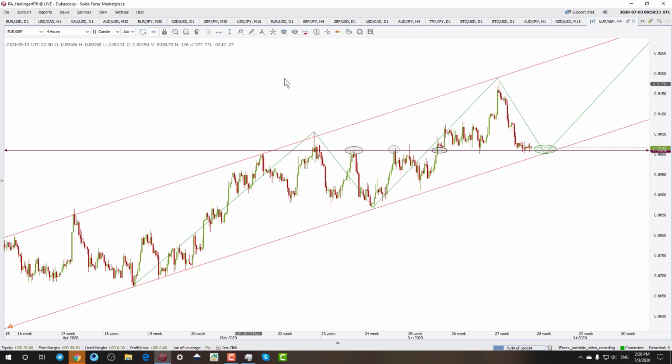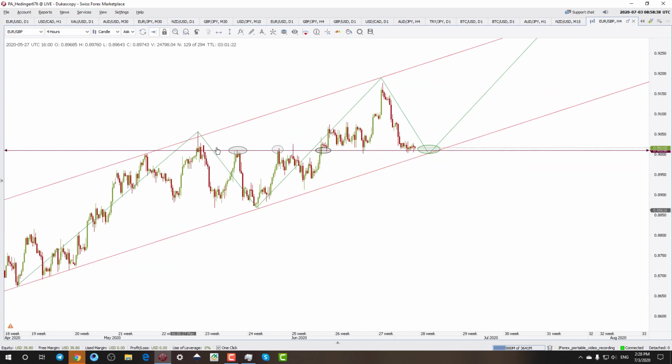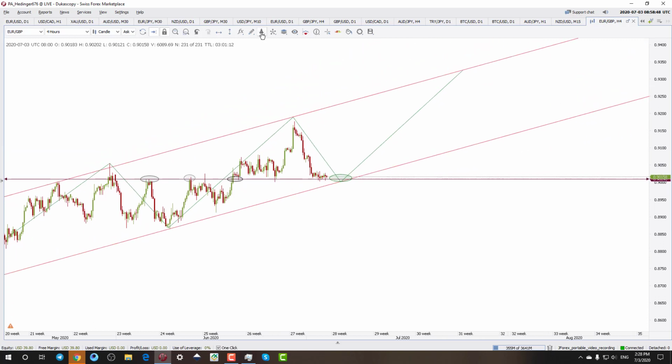So how you could have traded this channel when you had noticed that this channel, now next time the price comes to a buy position, you only open a buy position. When the price goes to the resistance zone, say here, you book your profits and you don't open a sell position.